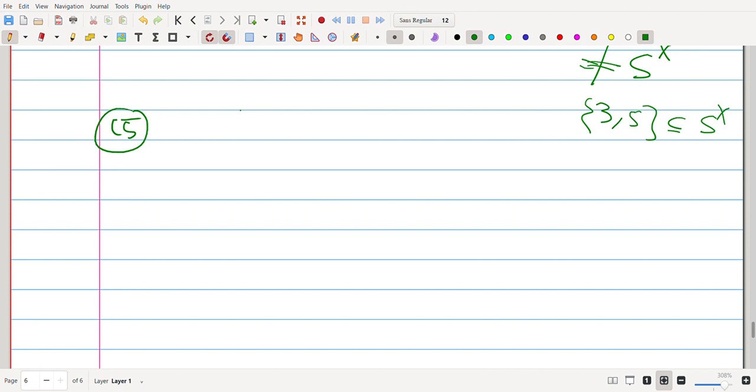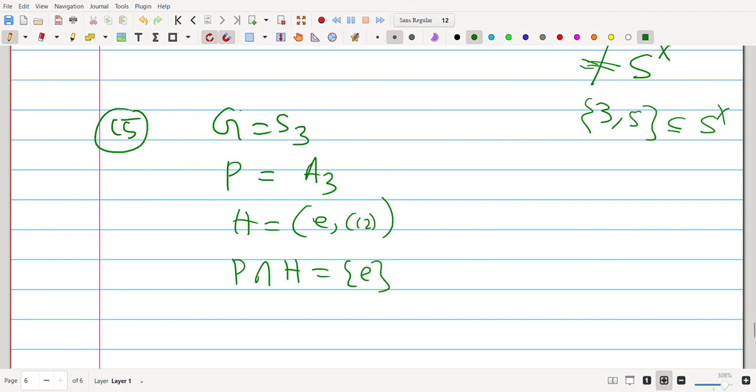Take G to be S3, P to be say A3, and H to be say {identity, (1 2)}. Then clearly P intersection H is trivial, and a trivial subgroup cannot be a Sylow p-subgroup of H unless H itself is trivial, right? So that means it's meaningless, so it is a false statement.